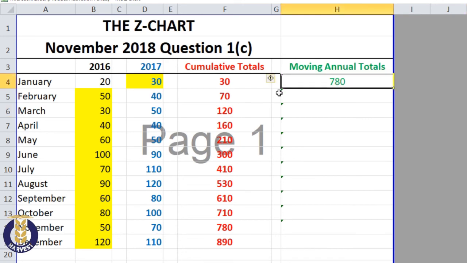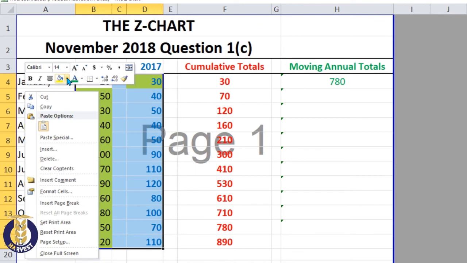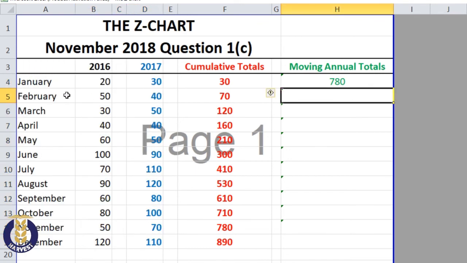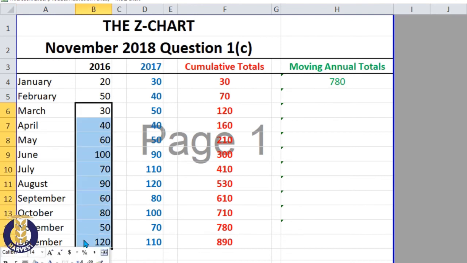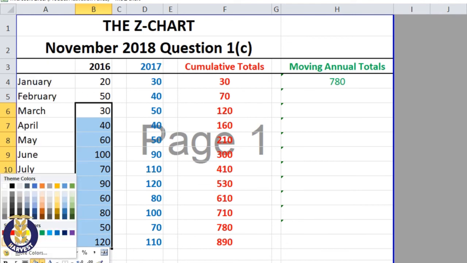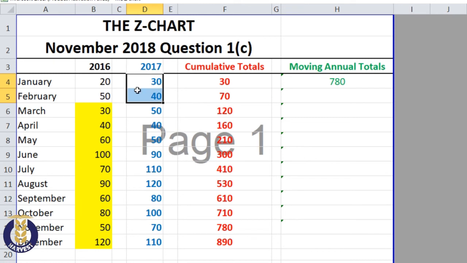When you're done with January, next you move to Feb. Now, since you're standing in Feb, you're going to start with March. All these figures I'm putting in yellow are part of the moving annual total.